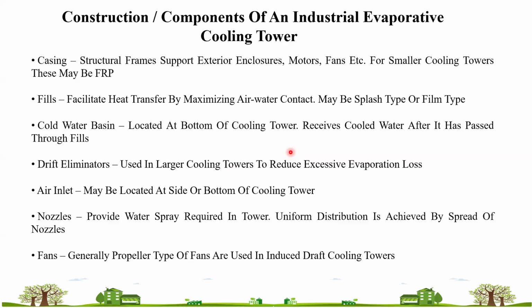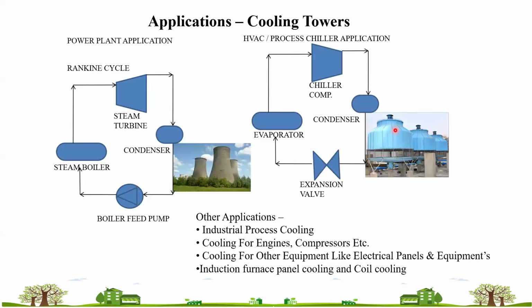So how are they located? They are located at the top of the cooling tower, where your drift or your water vapors try to escape. So you provide an area where they can condense and then again come back to the cooling tower system, because evaporation loss is a water loss.